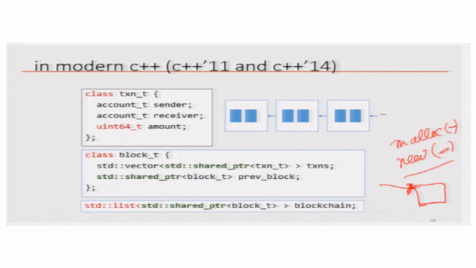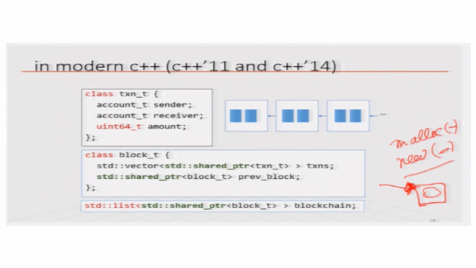The other problem is the dangling pointer, where you have a pointer for which the memory has been deallocated, but in your program you start using that pointer, referencing something with that pointer, and then you have a problem of null pointer exception.